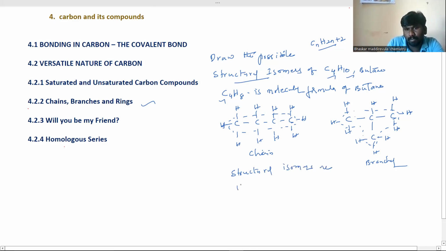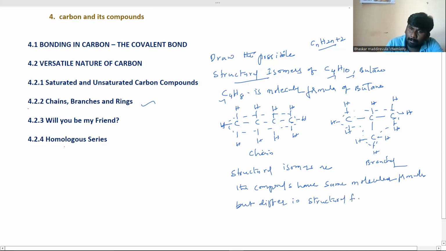Isomers are carbon compounds that have the same molecular formula but differ in structural formula. Then these two compounds we call structural isomers.